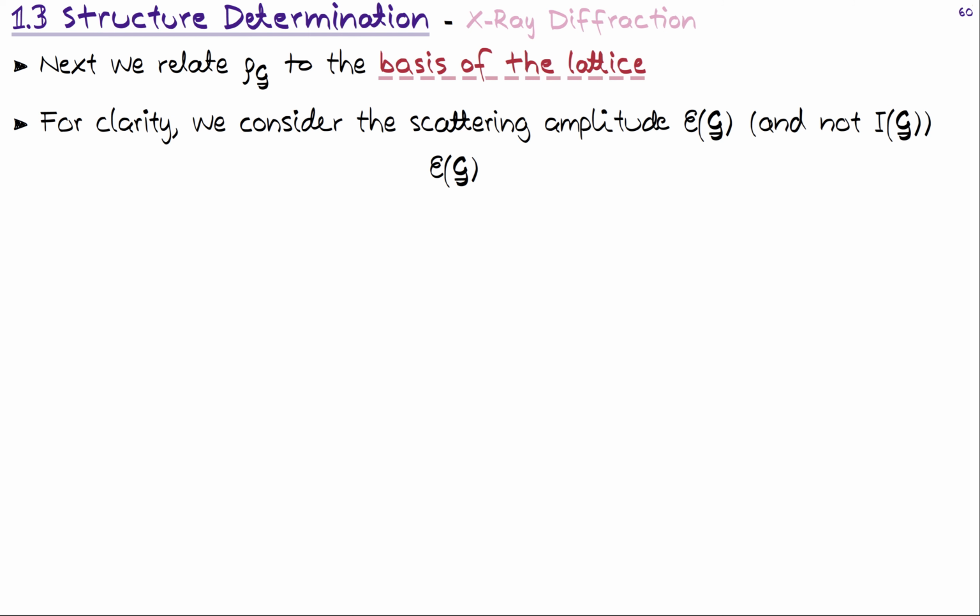So our scattering amplitude, calligraphic E, which is a function of G, we assume is proportional to V times rho G, and this is what we discovered earlier. Remember, just previous slides, this is the proportionality we found out.